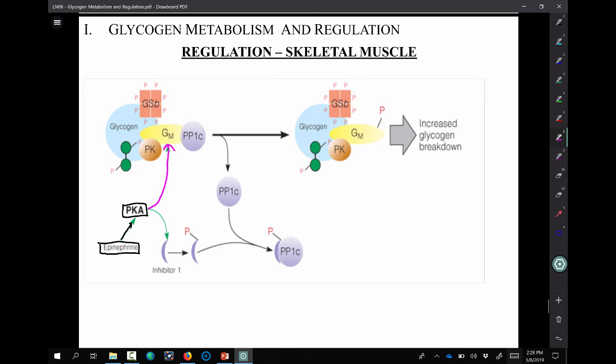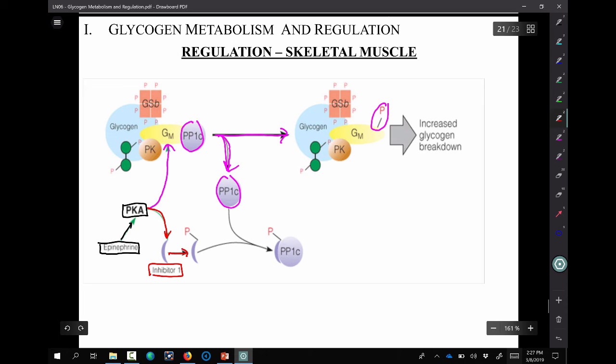Now when that is phosphorylated, as depicted here, PP1C will be released from that scaffolding. At the same time, PKA phosphorylates the inhibitor protein, inhibitor 1, puts this phosphate on it, active now.